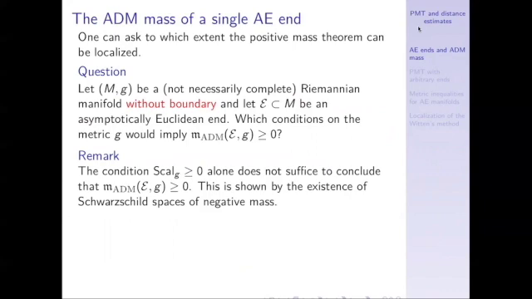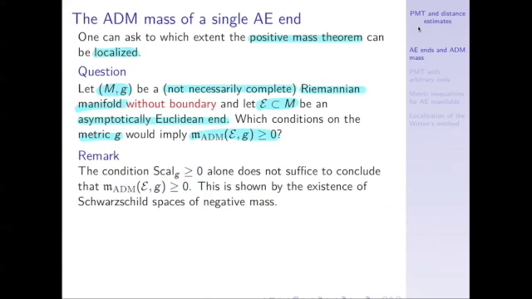And therefore, it is natural to ask to which extent the positive mass theorem can be localized. So in other words, in this talk, I want to discuss the following question. Suppose that M is a not necessarily complete Riemannian manifold without boundary, and suppose that E is an asymptotically Euclidean end. Now, which conditions on the metric g would imply that the ADM mass must be non-negative?